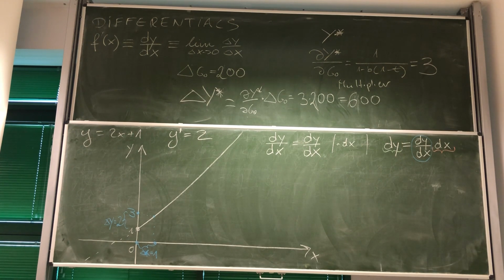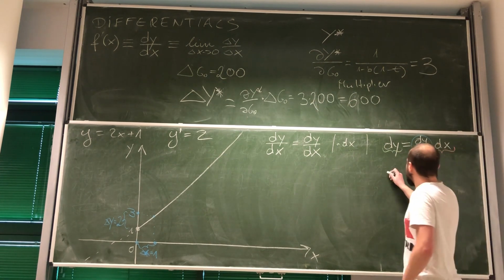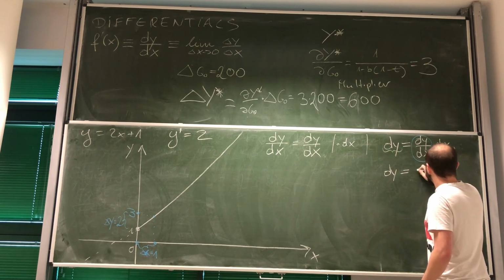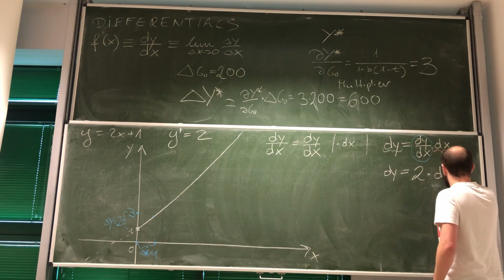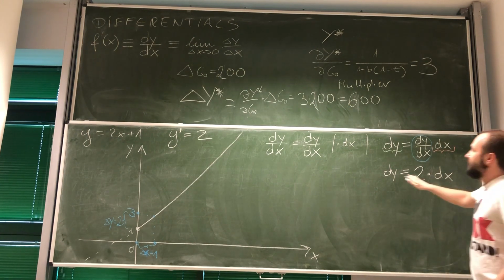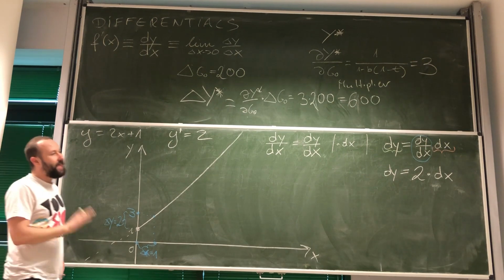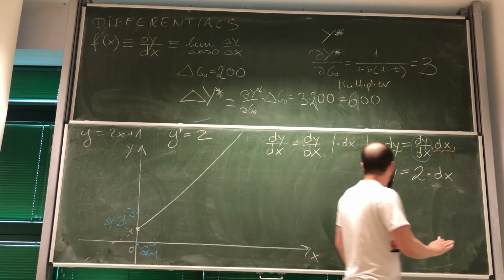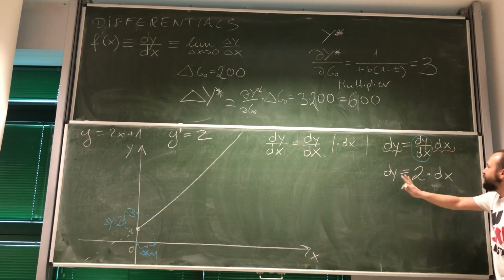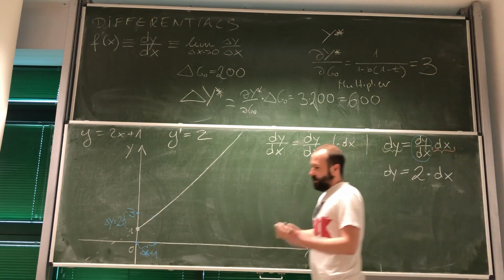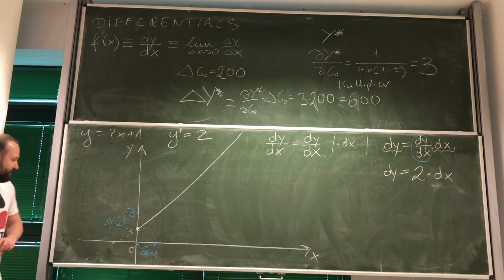I always know that value of y is going to increase by twice as much. Why? Because look, in our case, dy is equal to 2 times dx, right? Derivative is equal to 2, which means that every time when x changes by some amount, y changes by twice as much.